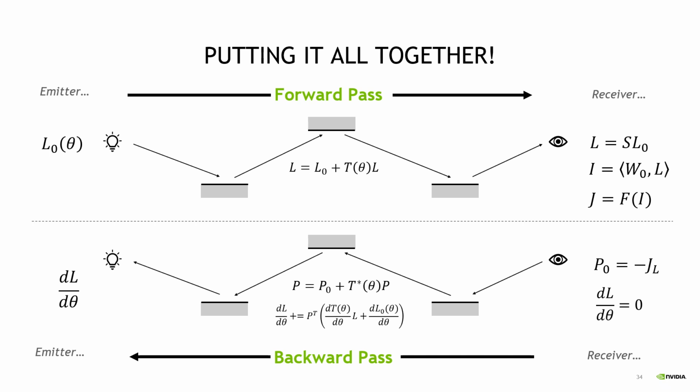At the same time, we update the gradient of the radiance with respect to the controls. And then at the light source, we obtain this gradient that we're after.